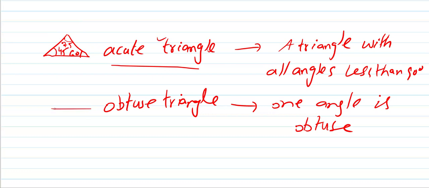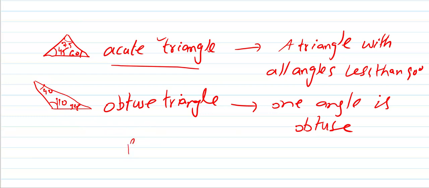In an obtuse triangle, one angle will be more than 90 degrees. So let's say this one is 110, this one is 30, and this one is 40, because the total should be 180. So this is an obtuse triangle, we call it. Only one angle is more than 90, the others will be less than 90.